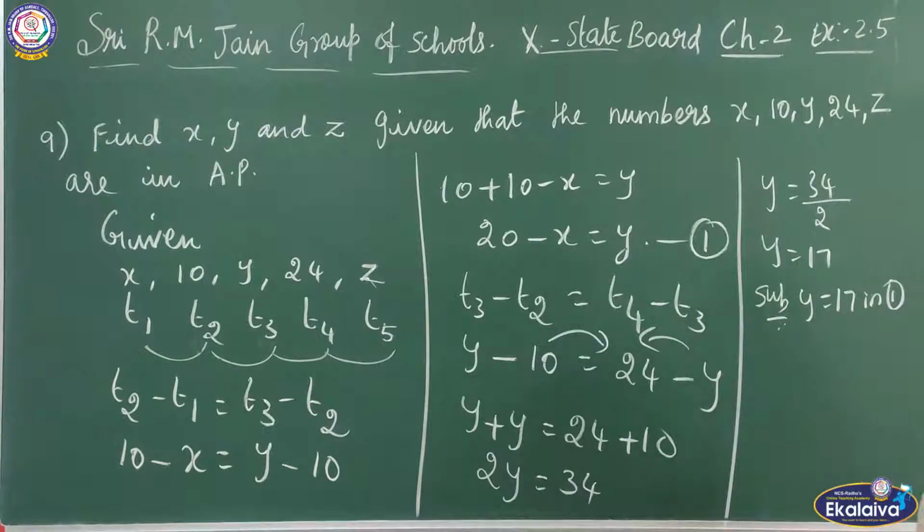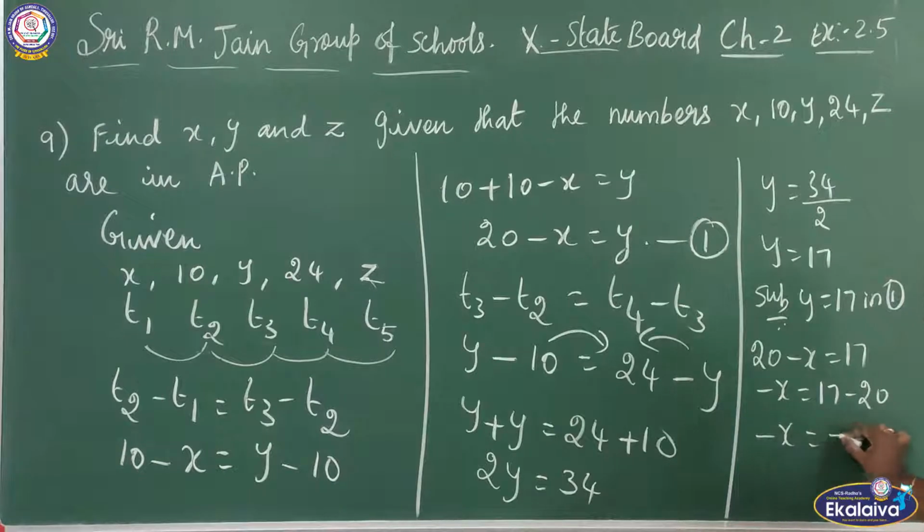So what is the value we are getting? 20 minus x equal to 17. So minus x equal to 17 minus 20. Minus x equal to minus 3. What is the value of x? x equal to 3.